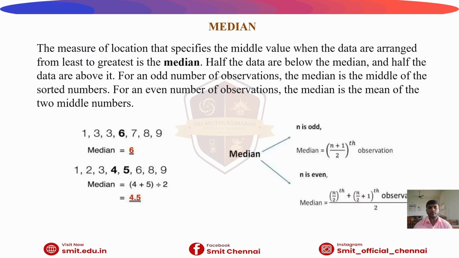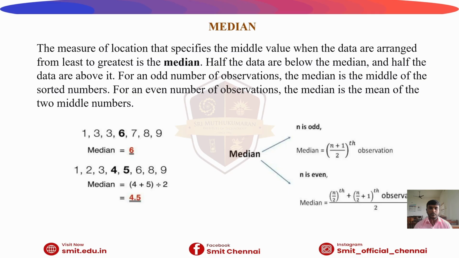The median is the middle value when data is arranged from least to greatest. Half the data are below the median and half above. We can find the median for an odd number of observations as the middle value, and for an even number of observations as the mean of the two middle values.